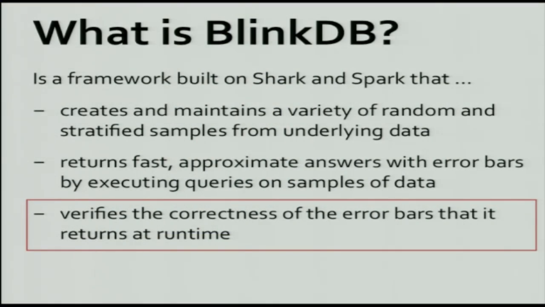Which is why, if you have to design an approximate query processing framework that can always give you correct error bars, we need to have some set of correctness verifiers or tests that can tell us whether the error bars outputted by these procedures in our context are right or wrong.